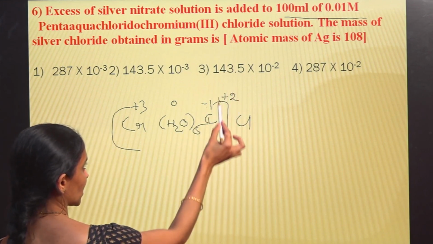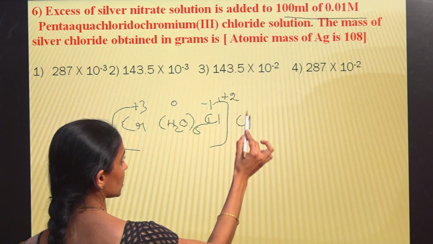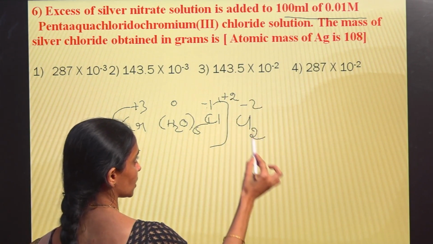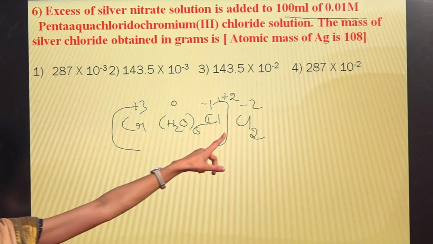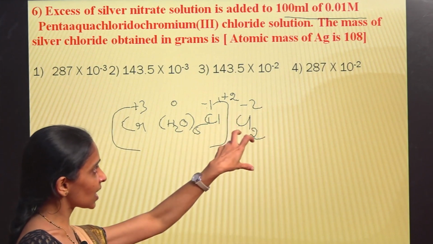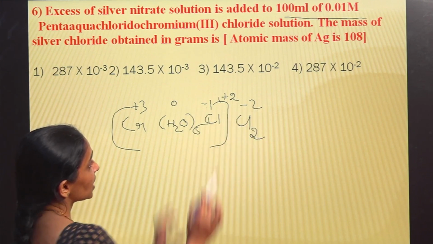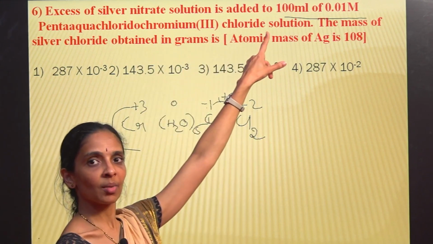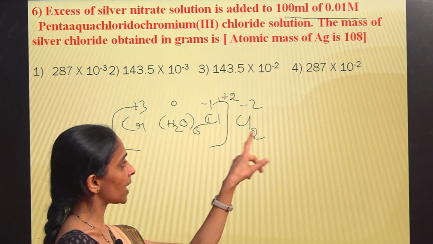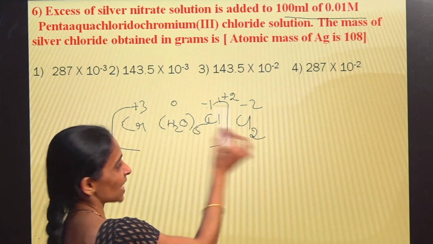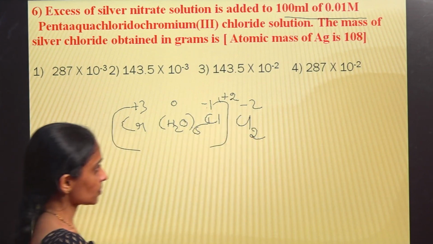In order to neutralize +2, here we need -2 for chlorines. That is why there should be 2 chlorines. Okay, writing this part correctly is the key point. They'll not give you dichloride, remember. You only have to write here the correct number by tallying all these charges.